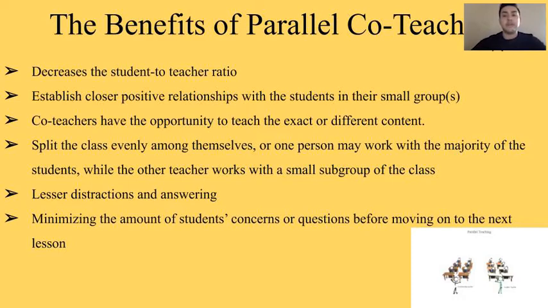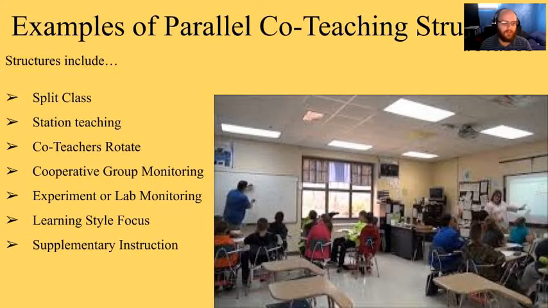So some of the examples of parallel co-teaching structures include split class, where each co-teacher is responsible for a particular group of students, monitoring understanding of a lesson, providing guided instruction, or reteaching a group if necessary. Station teaching, also known as learning centers, where each co-teacher is responsible for assembling, guiding, and monitoring one or more learning centers or stations.